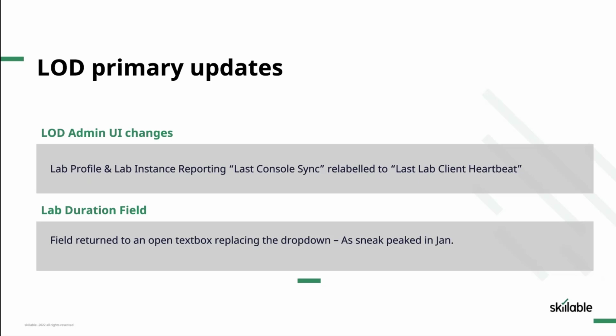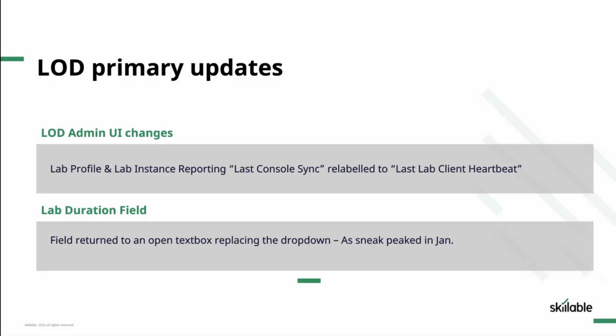If you were one of the people that attended the January Lab Developer Workshop, I did mention a sneak peek of the fact that we were going to change the way the duration field was implemented. When the last Lab Developer Workshop occurred, the duration field on a lab profile was a drop-down box and you had to pick a predefined value.